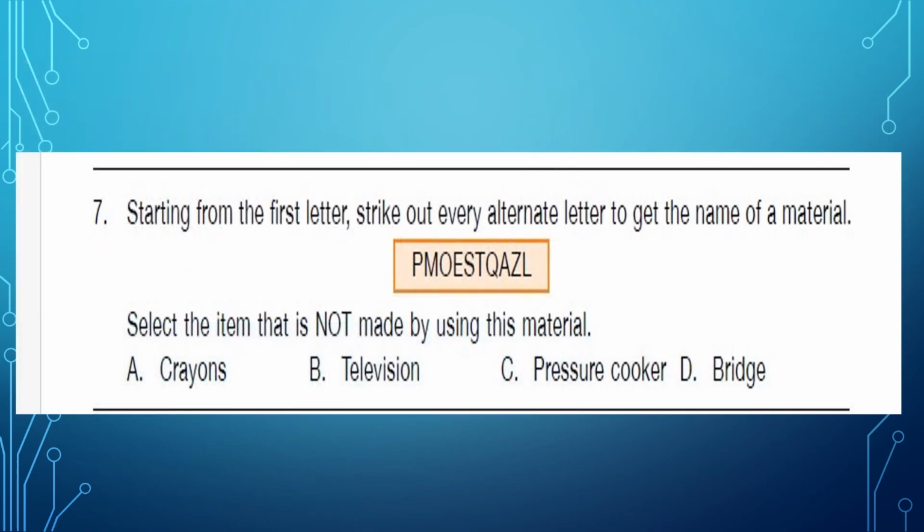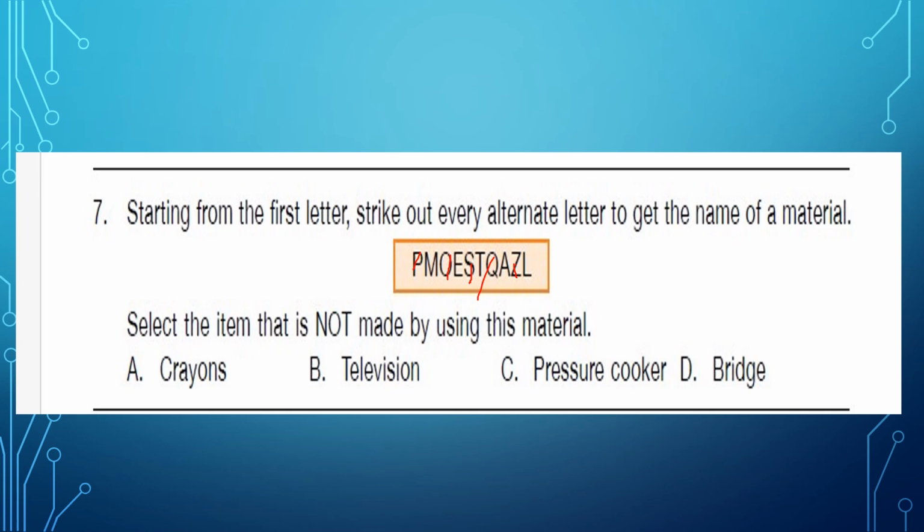Question number 7. Starting from the first letter, strike out every alternate letter to get the name of a material. Select the item that is not made by using this material. If we strike out alternate letters, if we cut P, O, S, Q, Z, then we get the word metal.